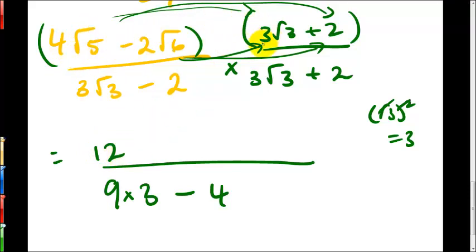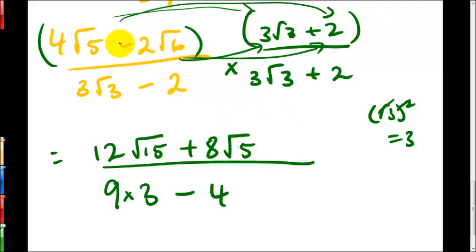So root 5 times root 3, that's root 15. Then we're going to do 4 root 5 times 2, and it's a positive 2. So it's going to be plus, and then 4 times 2 is 8, and there's no root here, so it's just root 5 times 1, which is just root 5.